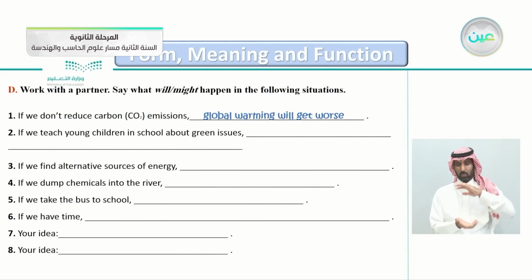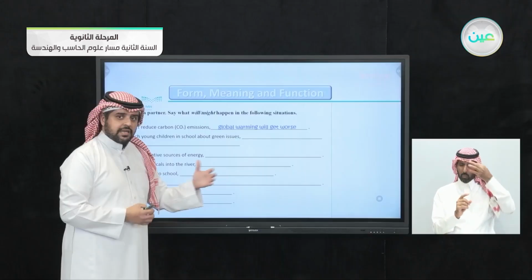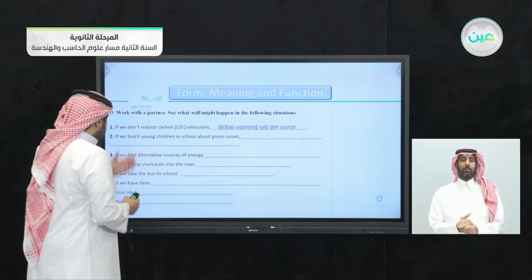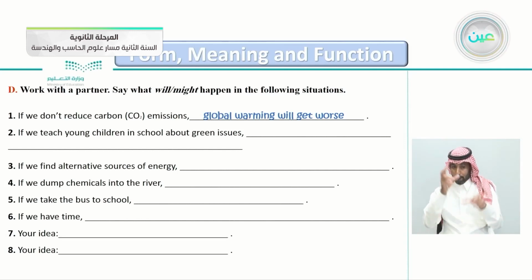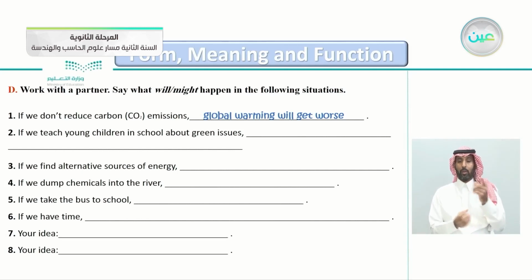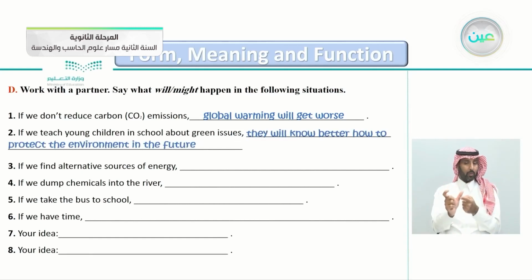Global warming will get worse. Of course, you can answer it as you wish. Number 2, if we teach young children in school about green issues, going green, what will happen? They will know better how to protect the environment in the future.